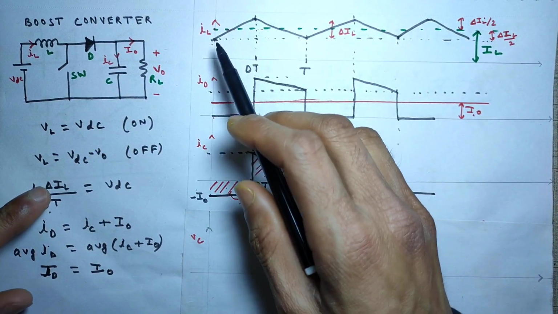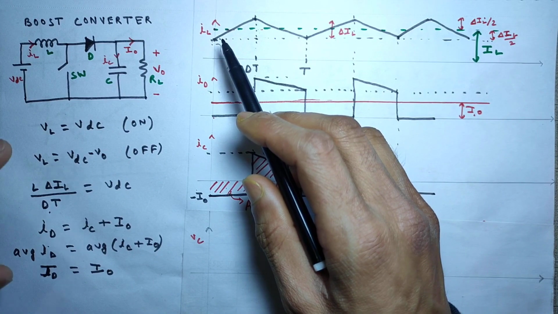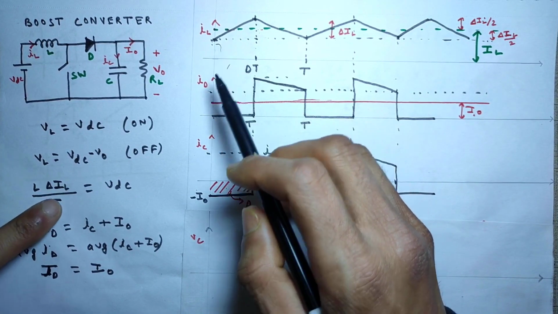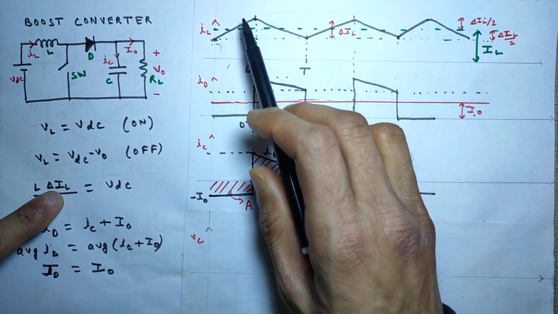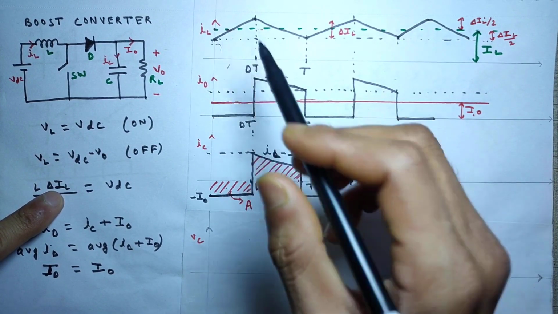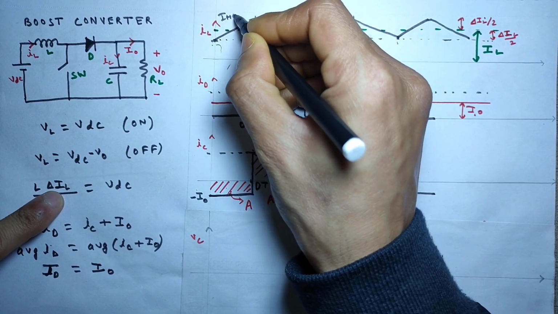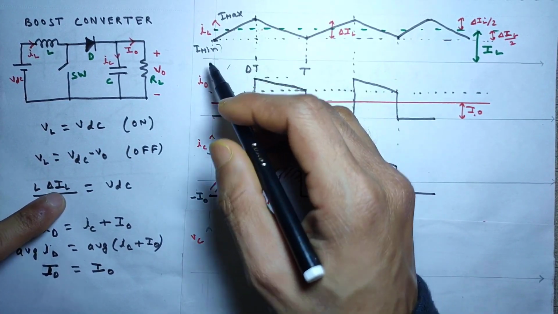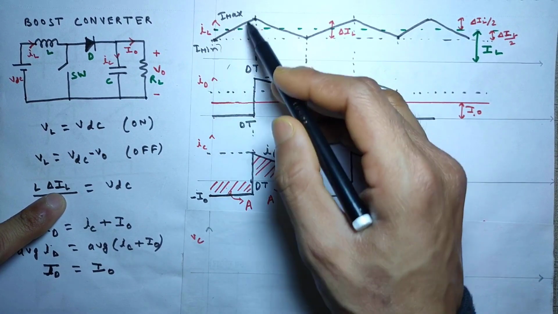Here we will write one very simple KVL equation. The voltage across the inductor L is L di by dt. The change in current is I max minus I minimum. This is I max and this is I minimum. So I max minus I minimum is our delta IL, the change in current.